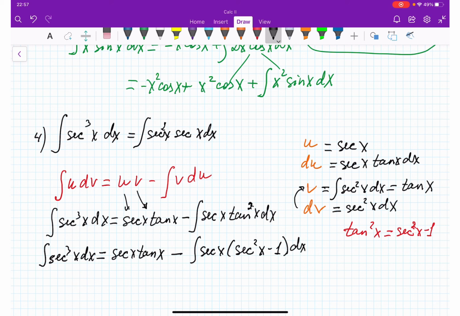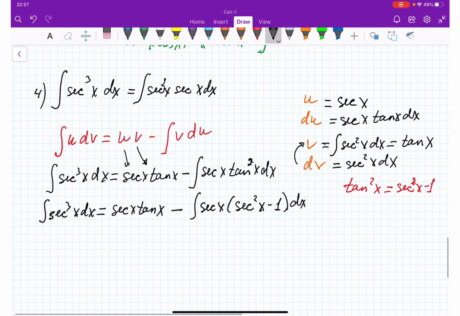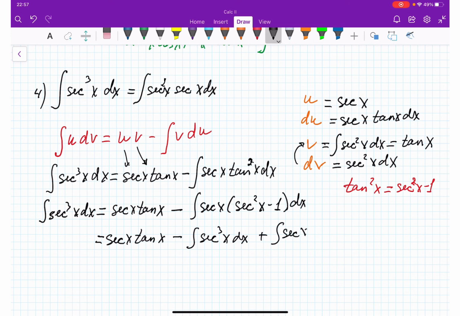So instead of having two different trig functions, which would make it more complicated, I just turn to one type. All right, what is going to be happening here? It's going to be equal to secant x tangent x minus integral secant cube x dx plus integral secant x dx.